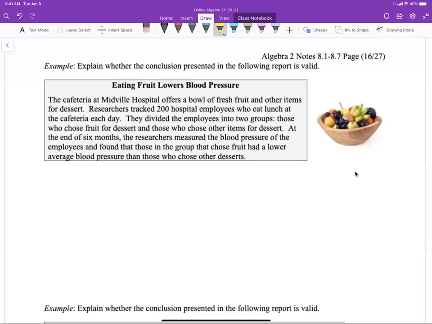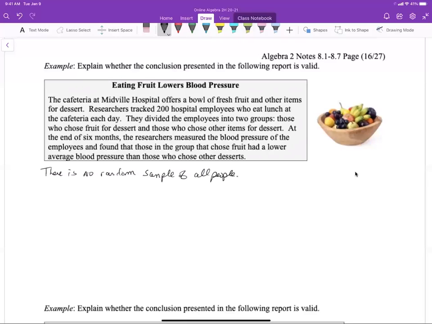So first off, they're making that claim about everyone, and they only tracked people at Midville Hospital. So there is no random sample of all people.